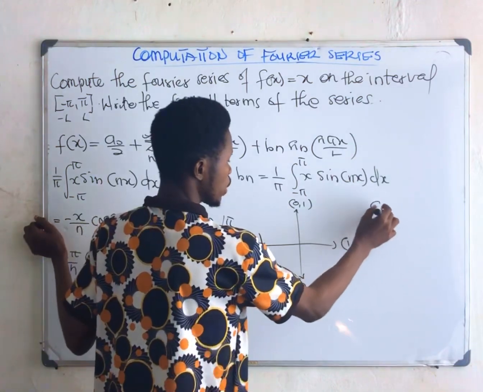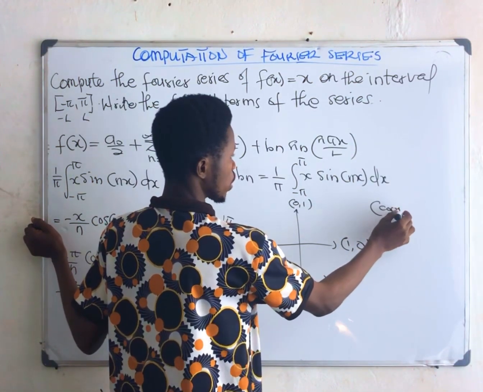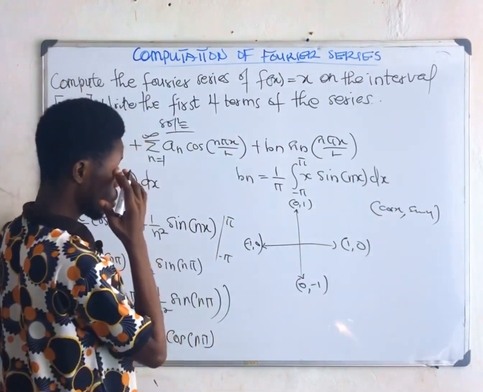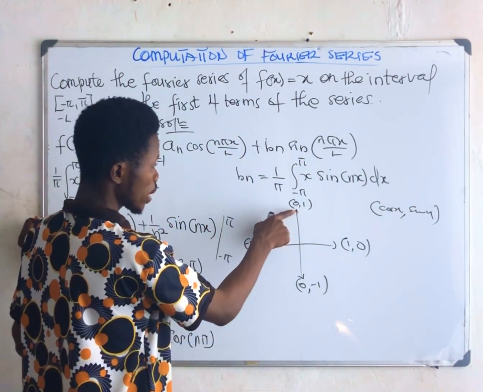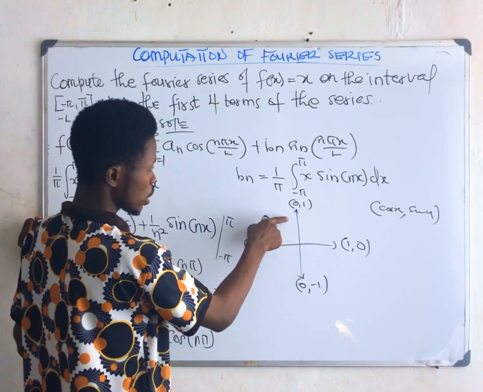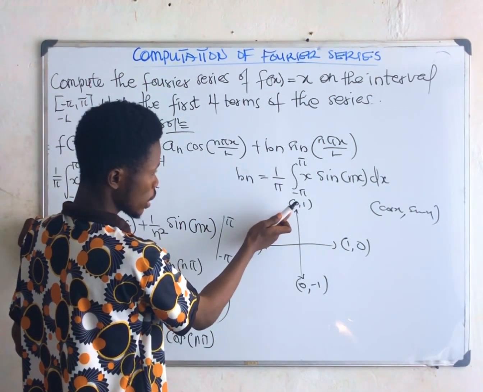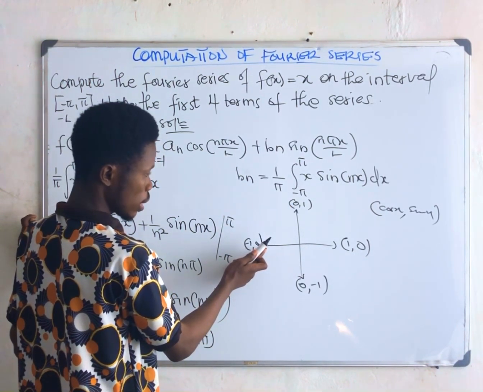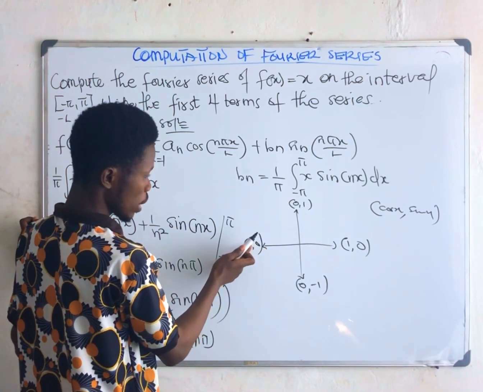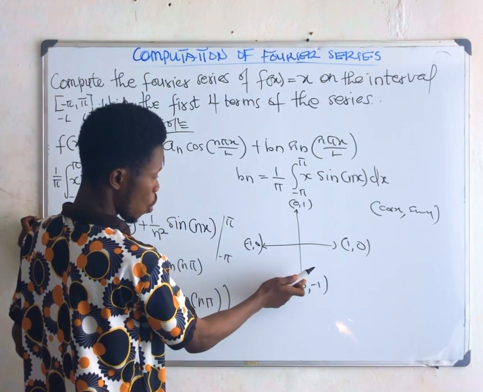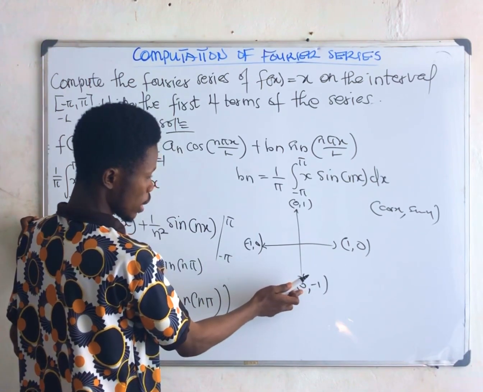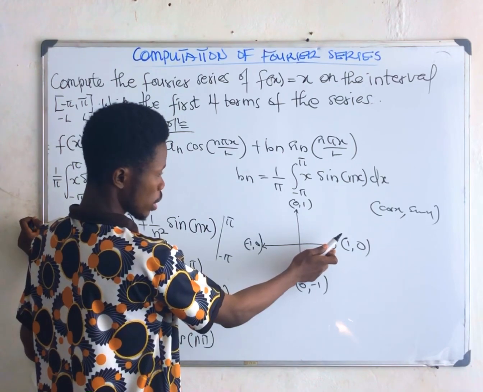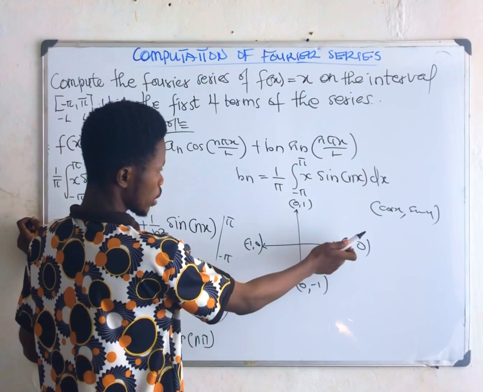Now remember, cos is for the x side and the sine is for the y side, right? So if we have this, cos 90 is 0, cos 180 is negative 1, cos 270 is 0, cos 360 is 1.